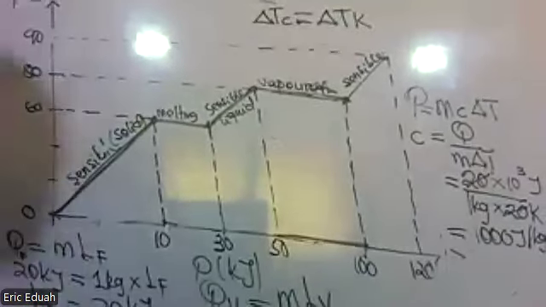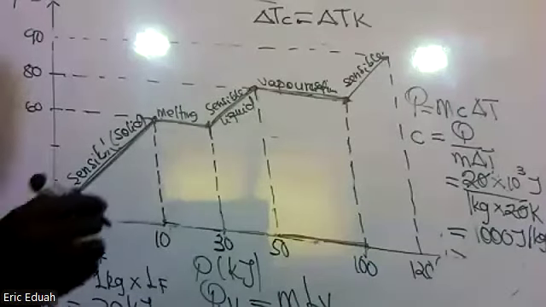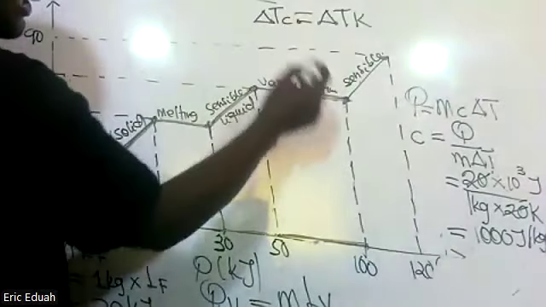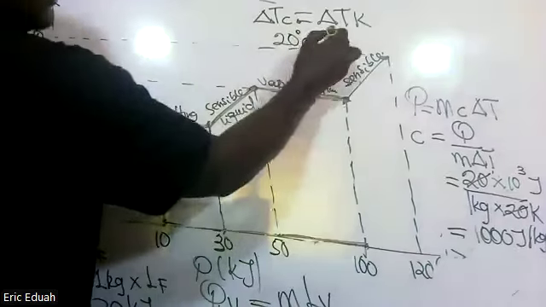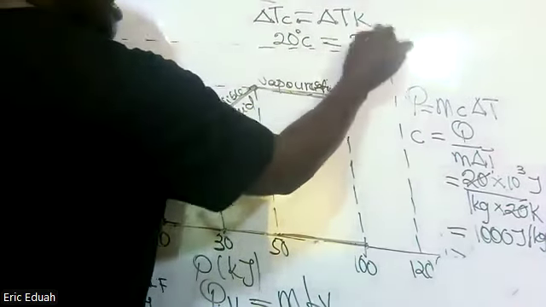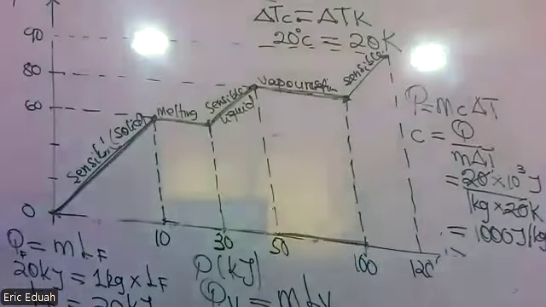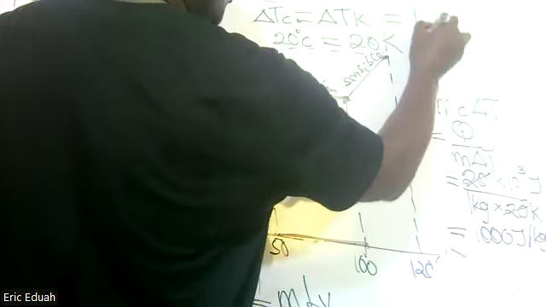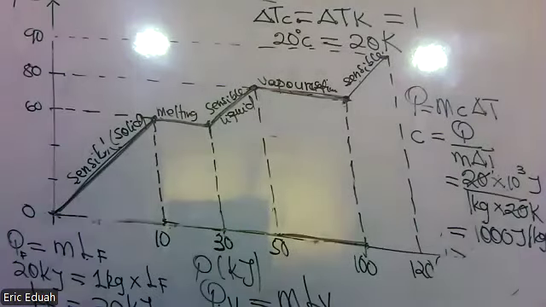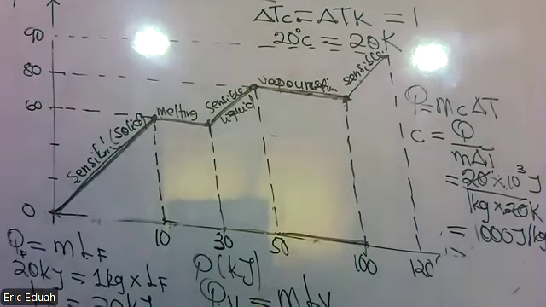So if on a Celsius scale you have a change in temperature of 20 degrees Celsius, it's also equal to 20 Kelvin, because this is 1:1.